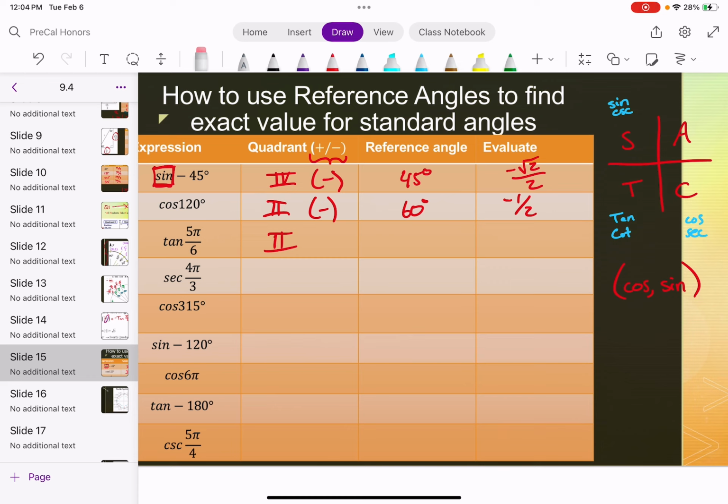So this makes this negative. We take a look at our reference angle. Now, when we're looking at 5 pi over 6, in order to get up to that 180, or that 6 pi over 6, we would need another pi over 6.